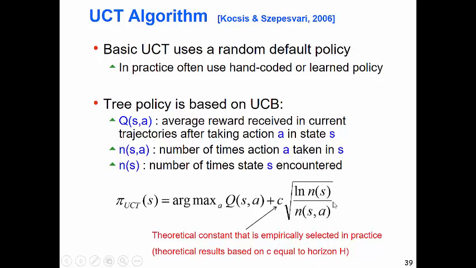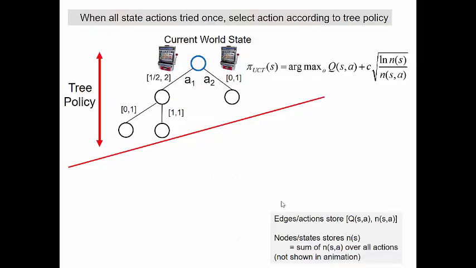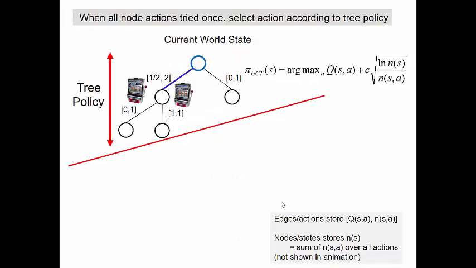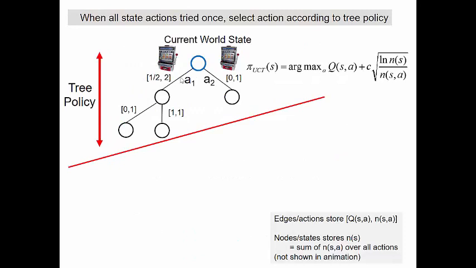And theoretically, what this paper showed was that you have to add a C here, this constant, to the exploration term to make UCT work.